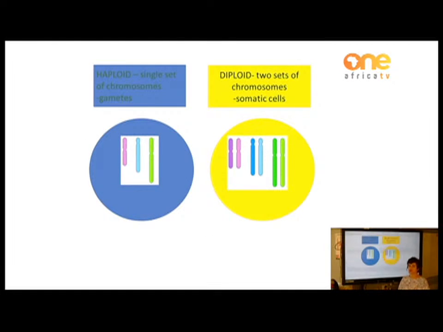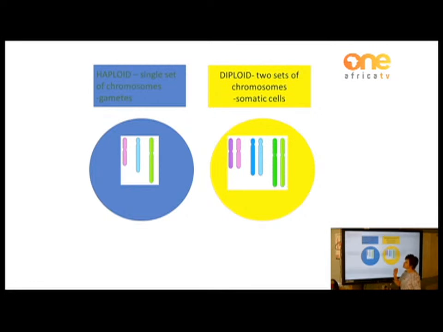The terms that I want you to look at are haploid and diploid. A nucleus is haploid or diploid. That means that in a nucleus, there can be a single set of chromosomes, meaning in the nucleus there is only one of the pair that is in the parent, one single set of unpaired chromosomes, and that forms the gametes.